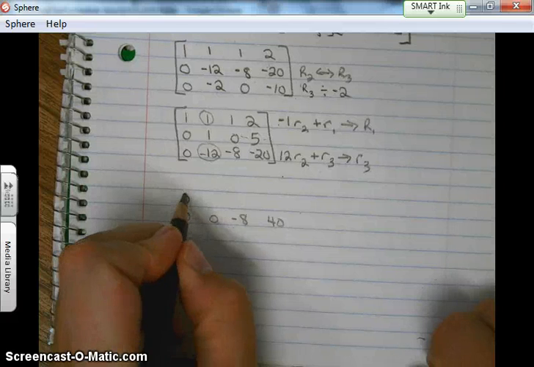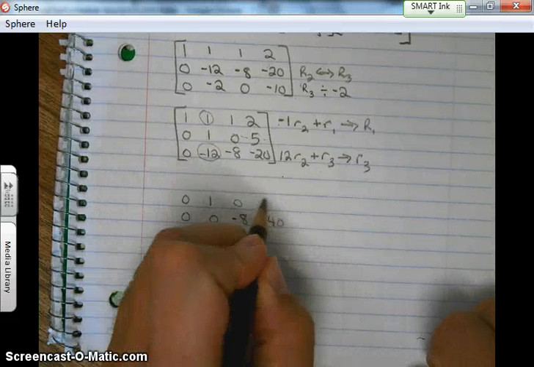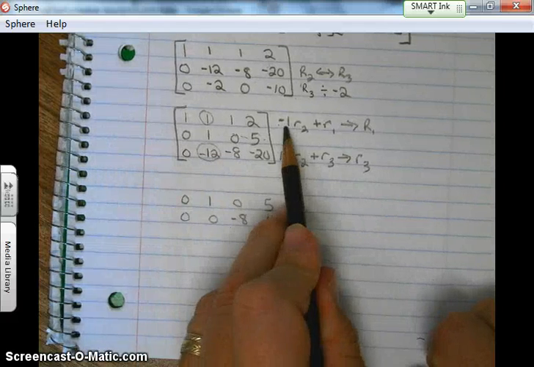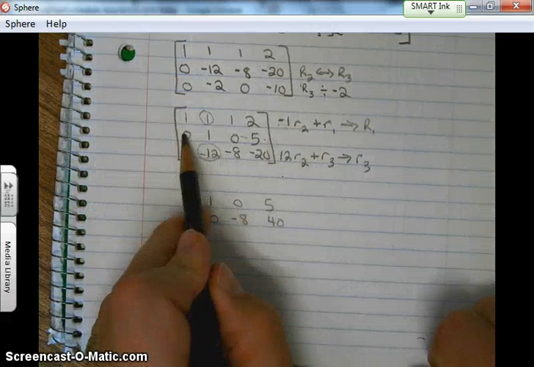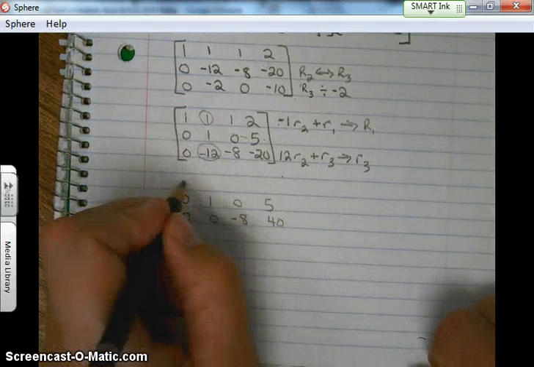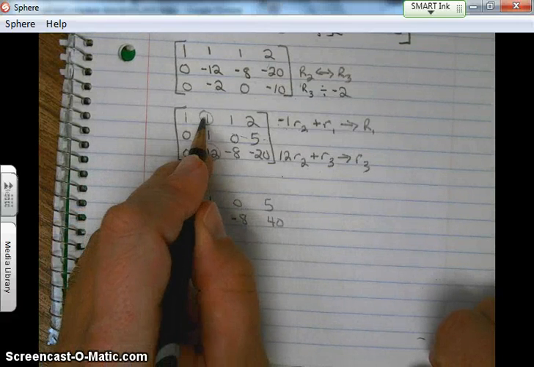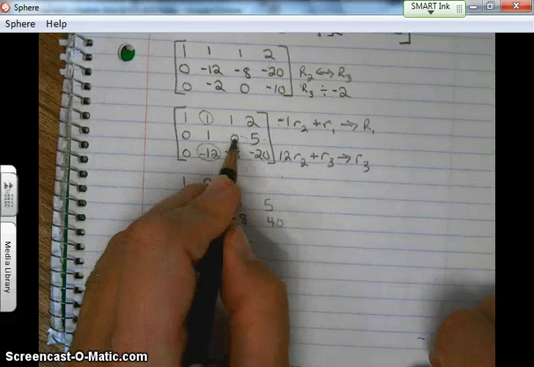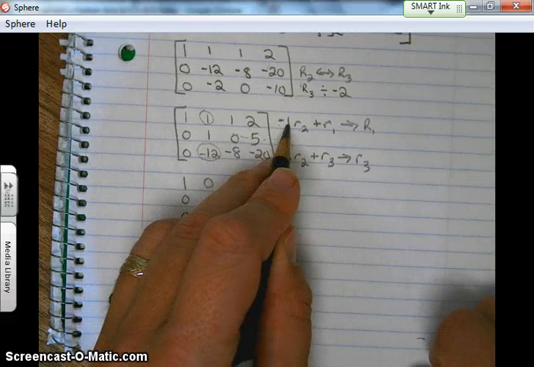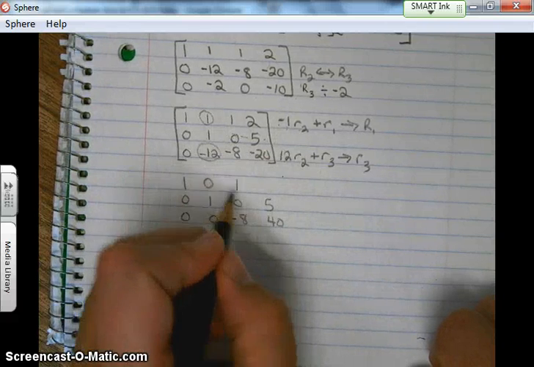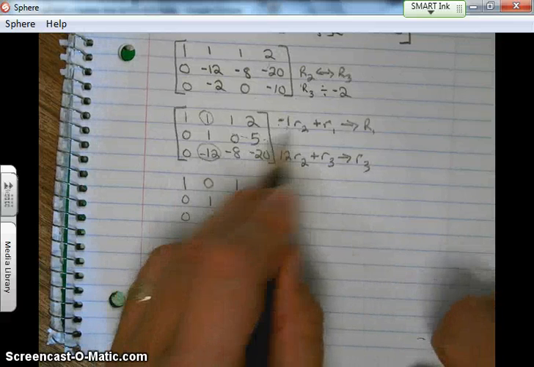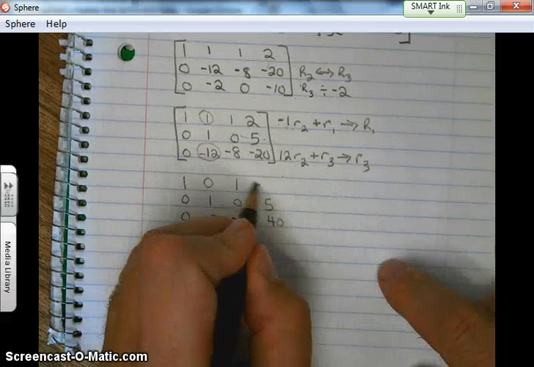And row 2 stays the same. Alright, multiplying row 2 by -1, adding it to row 1. -1 plus 1 is 0. 0 times -1 is 0 plus 1 is 1. That's going to give us -5 plus 2 is -3.